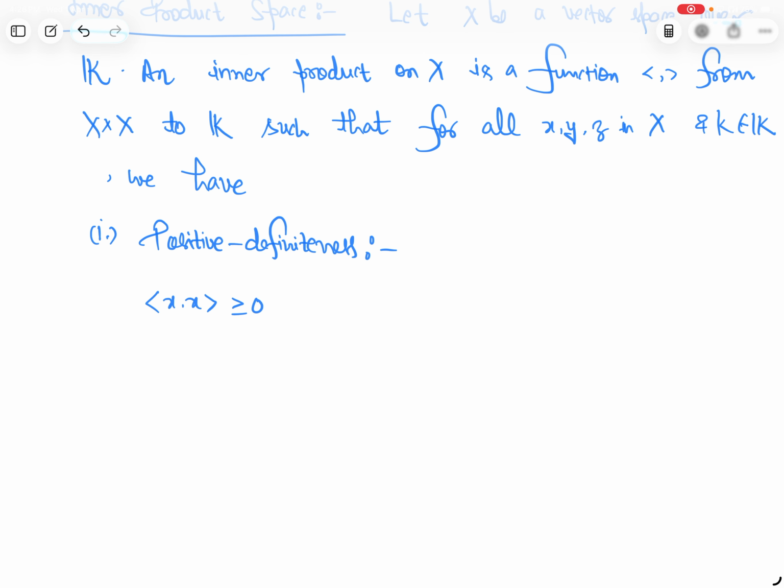If you take the same thing in both slots, it will be non-negative. And <x, x> is 0 if and only if x is equal to 0.